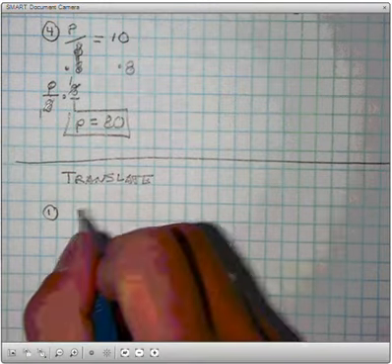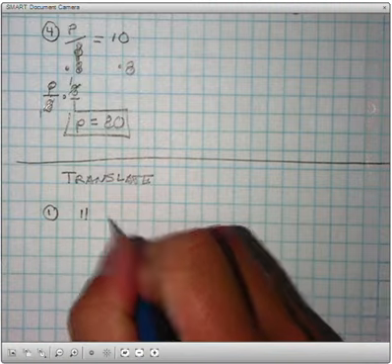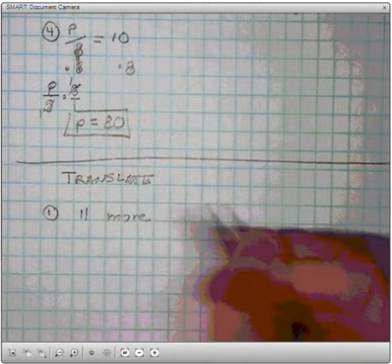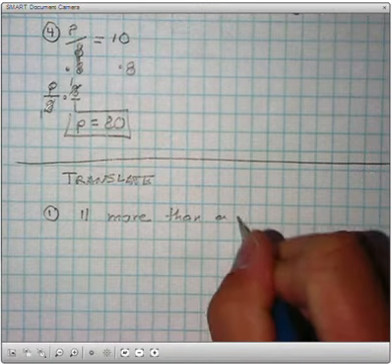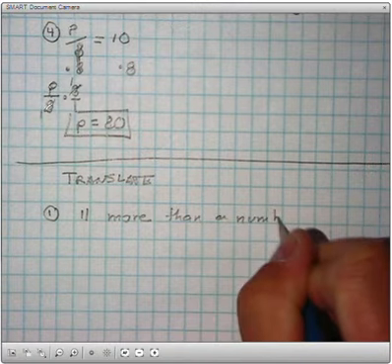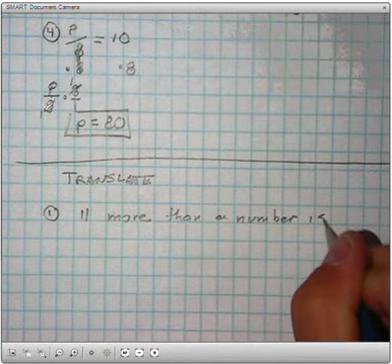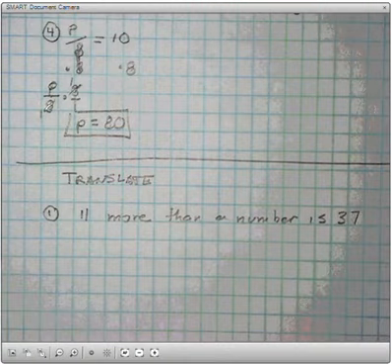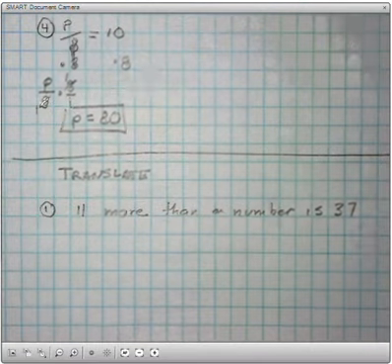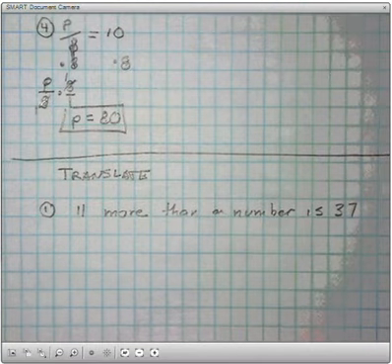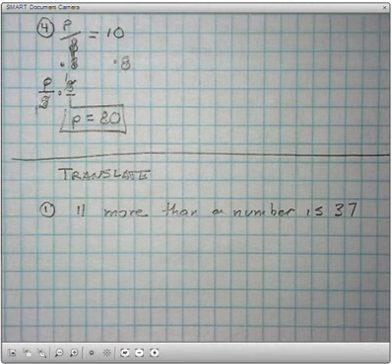Our first one: 11 more than a number is 37. So very similar to what we did last week, where we had to translate from words and put it into an expression. Now it's asking us to put it into an equation.